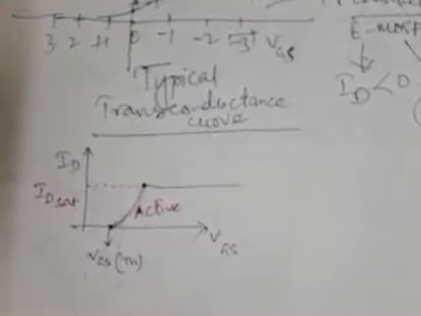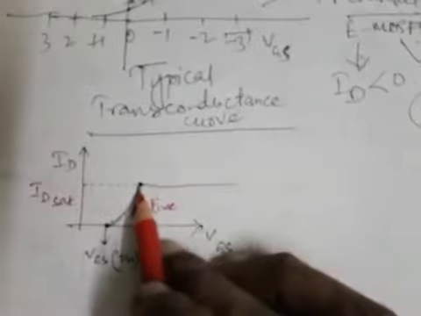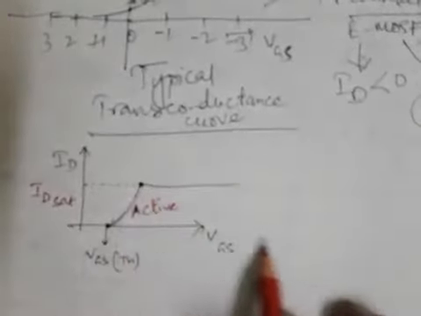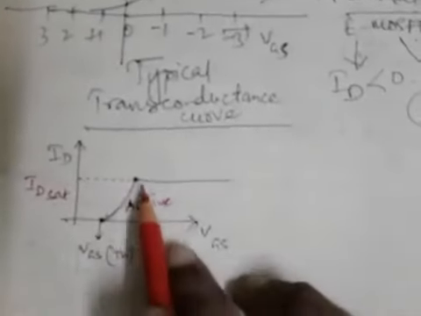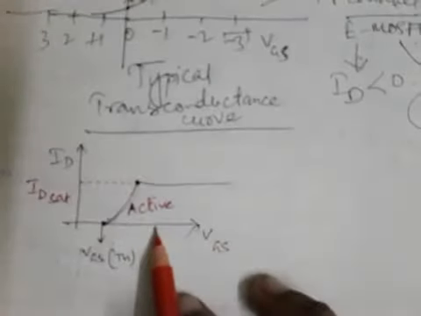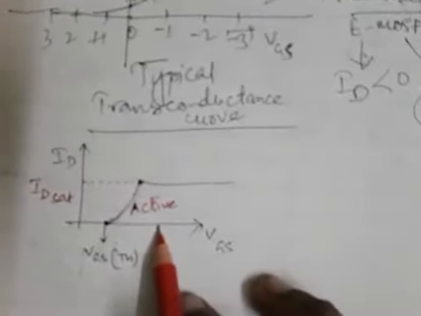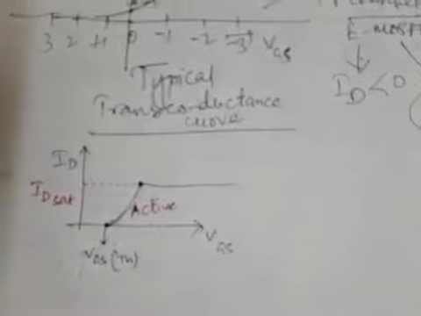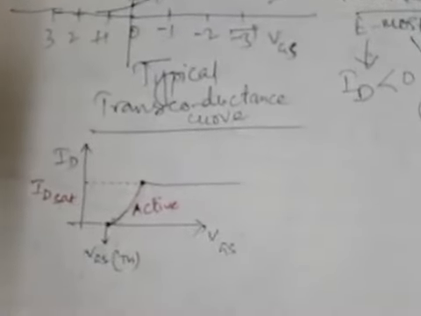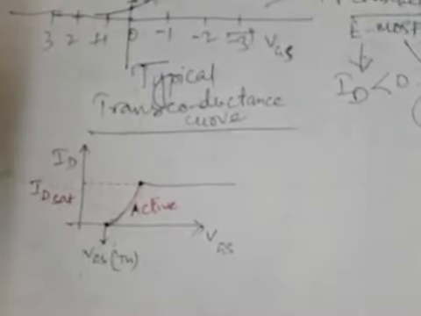But when this ID sat value is achieved, as you go on further increasing VGS, the characteristic will become parallel to the VGS or voltage axis. That means it will become independent of the input voltage value.